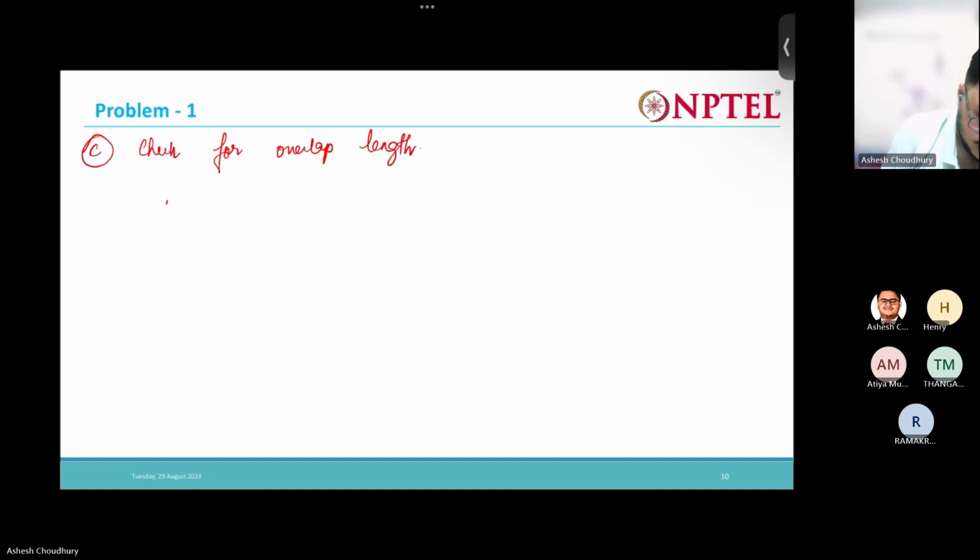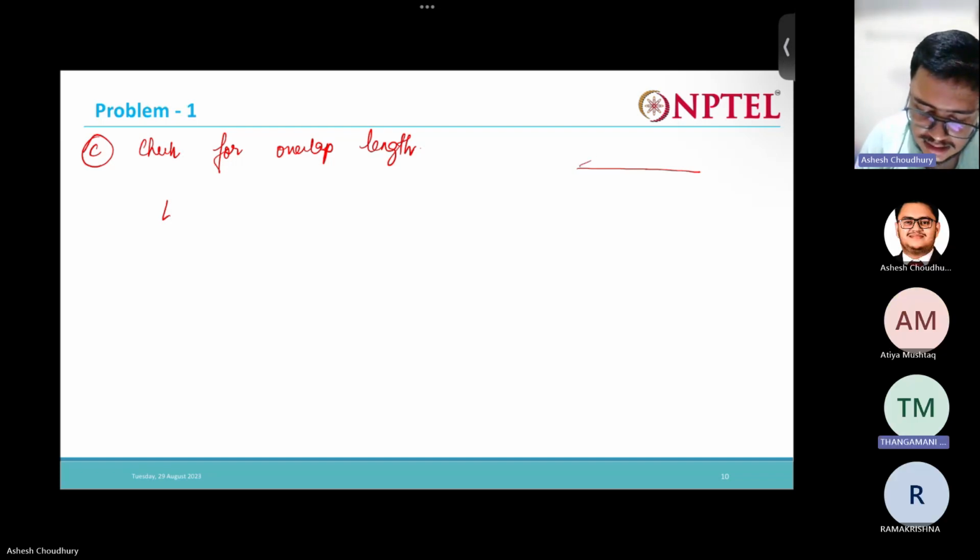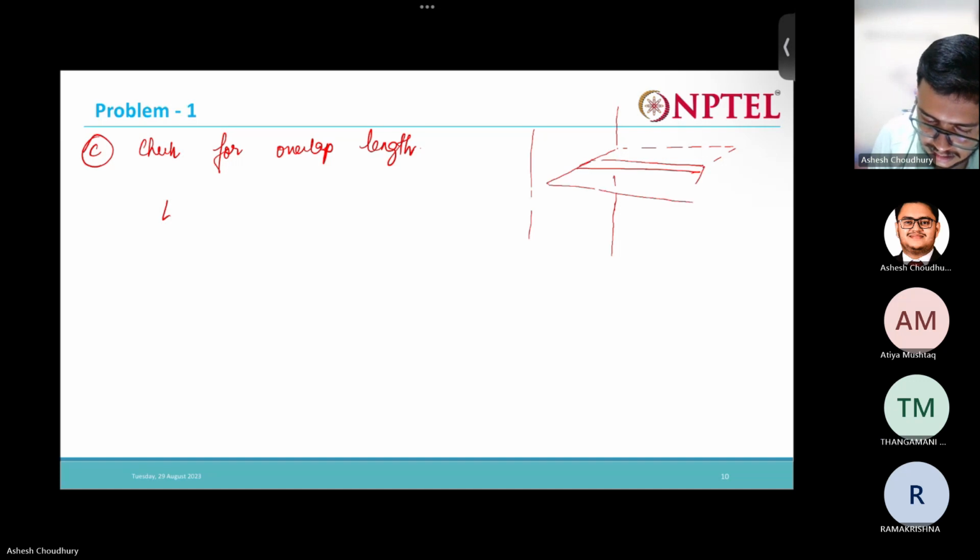Now, see, these are actually overlapped sidewise. I cannot draw this easily, so say the wall is like this, and these are overlapped like this.